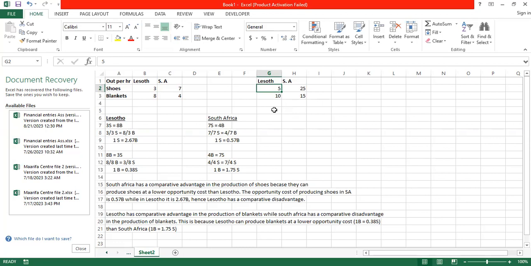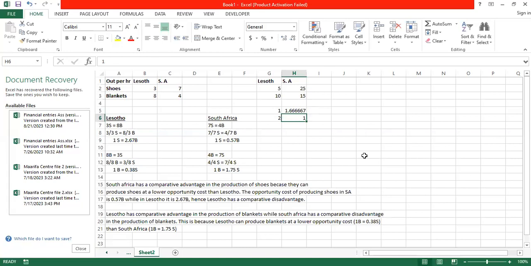So the opportunity cost there, if you do the divisions, is going to be 1:2, no? And there it's going to be, let's see, 25 divided by 15, so 1.6.